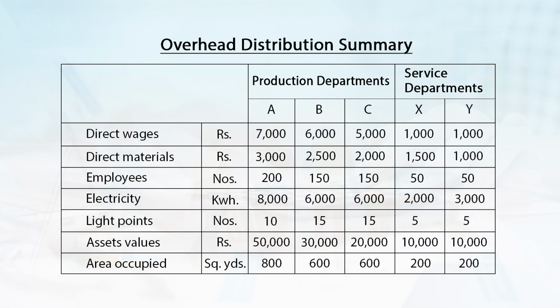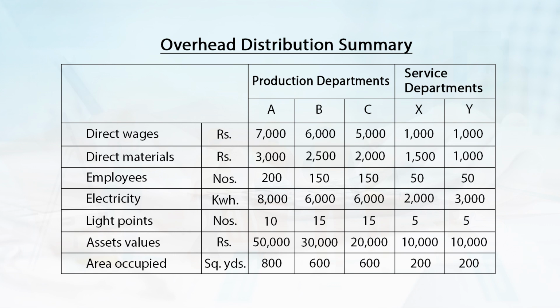Number of employees are given for production departments A, B and C as 200, 150 and 150 respectively, whereas for service departments, number of employees for department X is 50 and for department Y it is again 50.